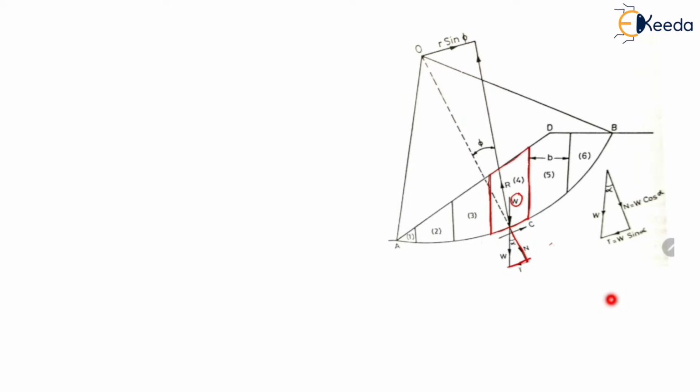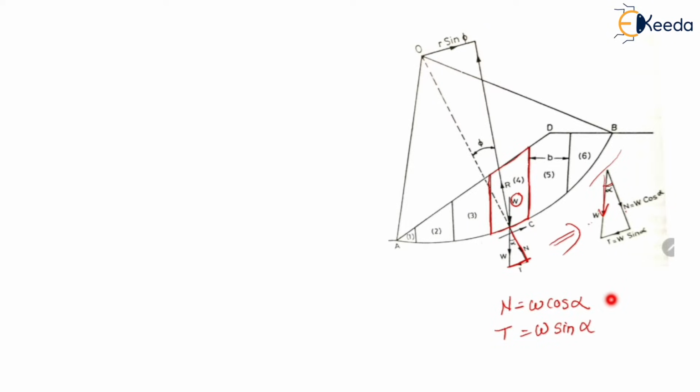Here we can see a larger view of this force angle. W acts in vertically downward direction. Here N indicates the direction of normal to the slip surface. So angle between W and N is alpha. From this figure we can see that normal component of W is equal to W cos alpha and tangential component of W is W sin alpha.